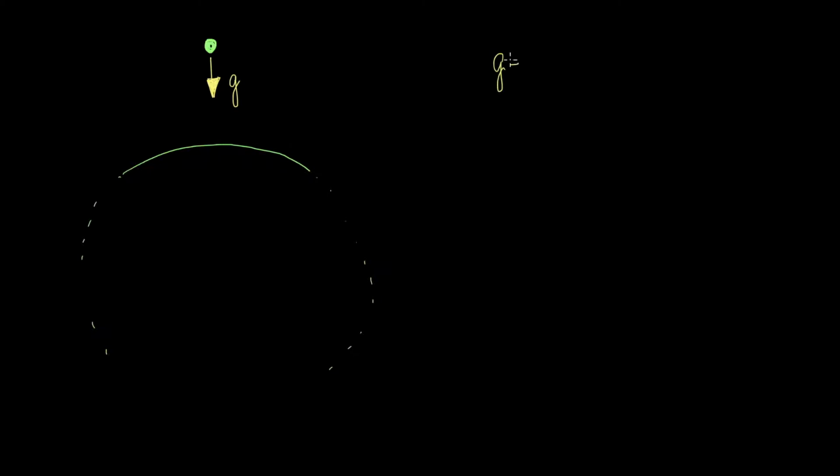Now, g is experimentally measured to be around 9.81 meters per second squared. So that is how you would talk about accelerated motion. Remember that apple that fell on Newton's head? Well, that apple was falling with an acceleration of 9.81 meters per second squared.